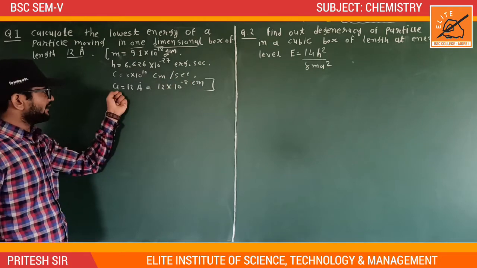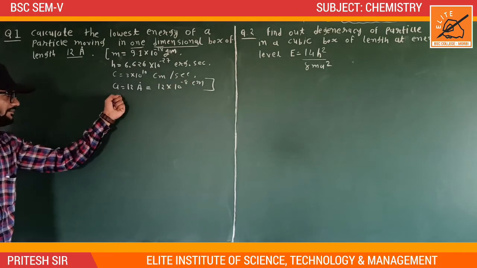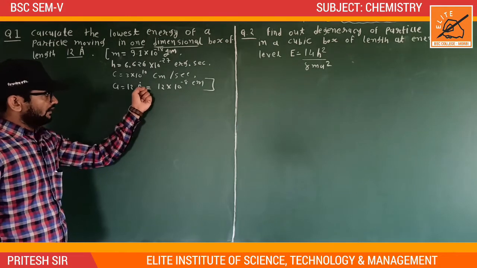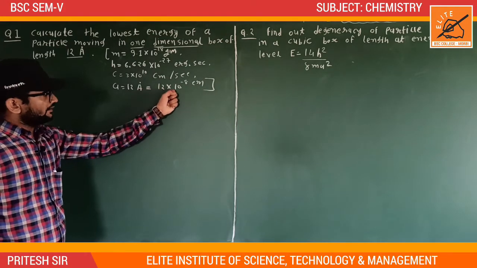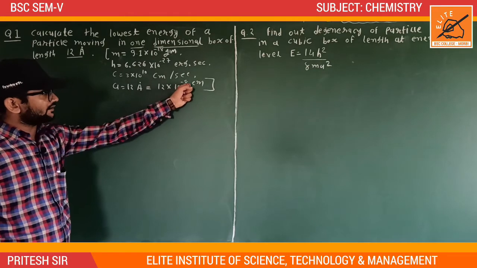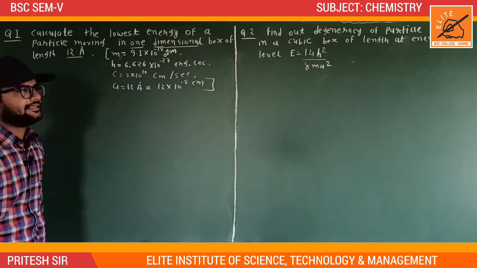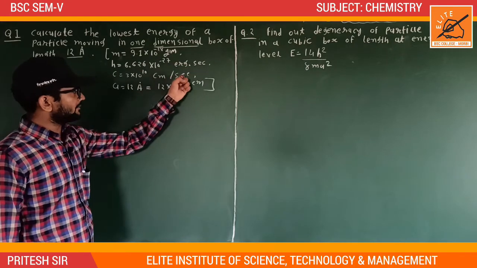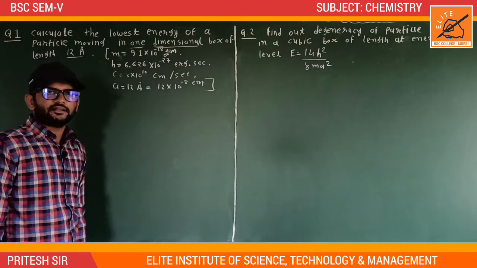And a means the length, 12 angstrom, which is 12 into 10 to the power minus 8 centimeter.